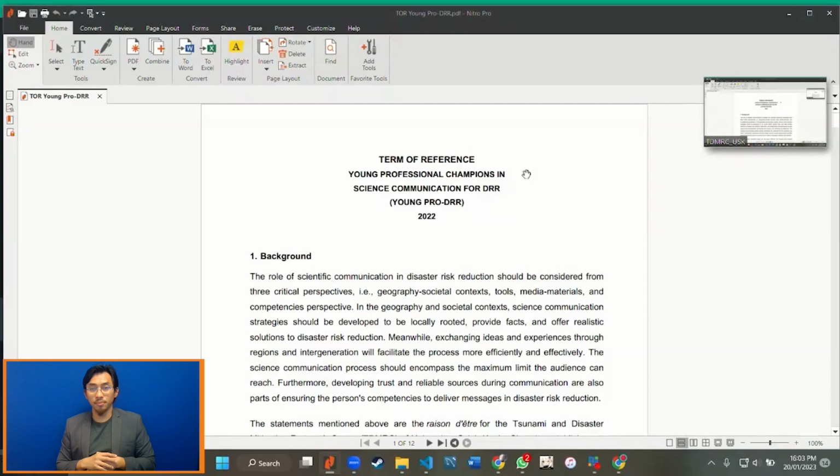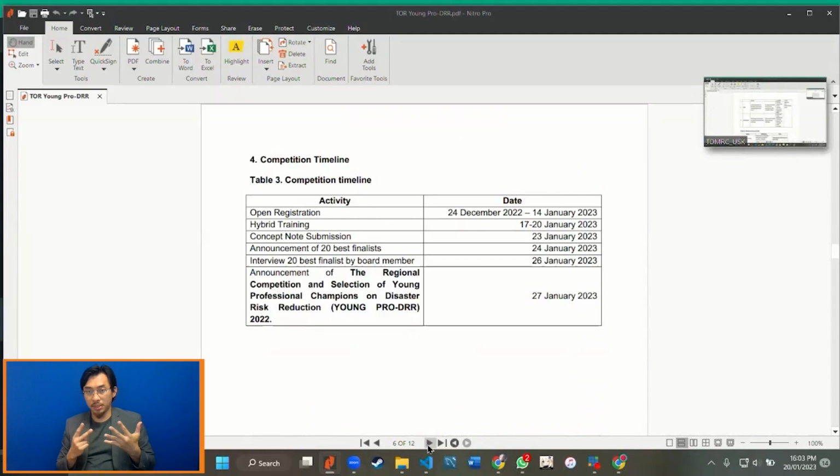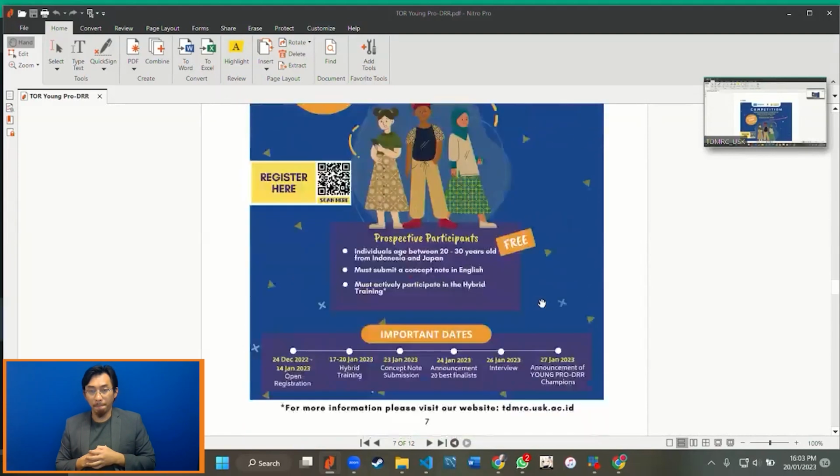The flyer, halaman, page 7. Yeah. I will give the microphone to Bu Rizana.